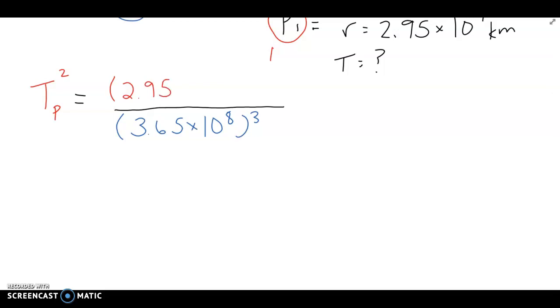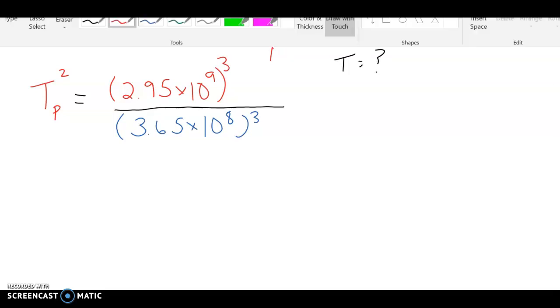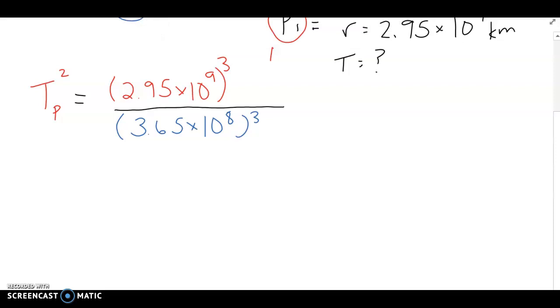So 2.95 times 10 to the 9th, that is Pi's distance. That's going to be cubed. And then we have to do times Gamma's period, which is 1.0 years squared.